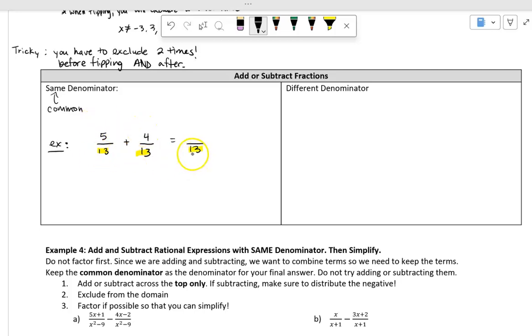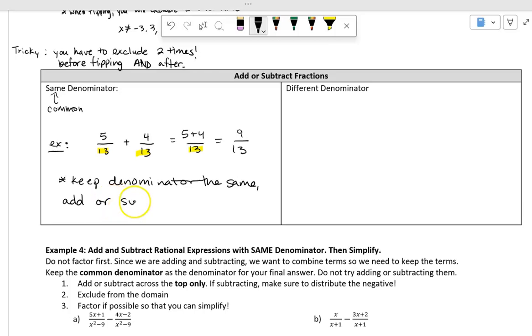You keep your same denominator, you add or subtract across the top, and final answer here would be 9/13. So when you have the same denominator, it's nice and easy because you just keep the denominator the same, but you add or subtract the numerators.